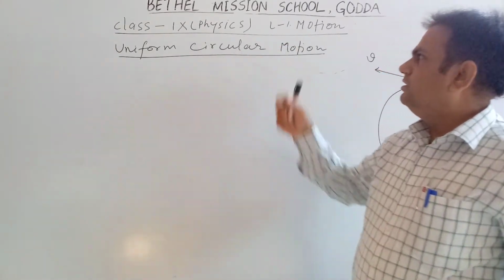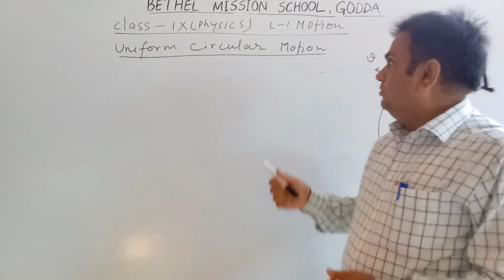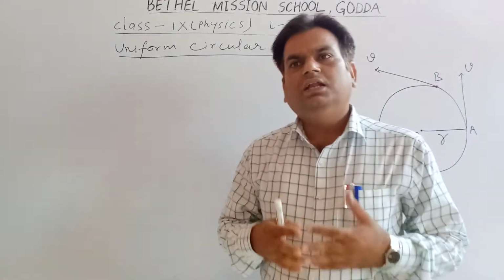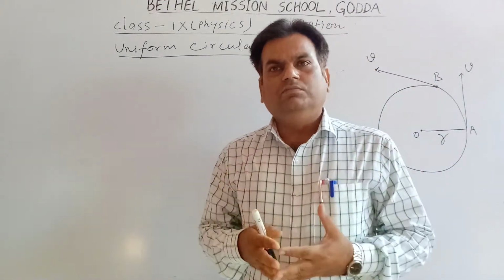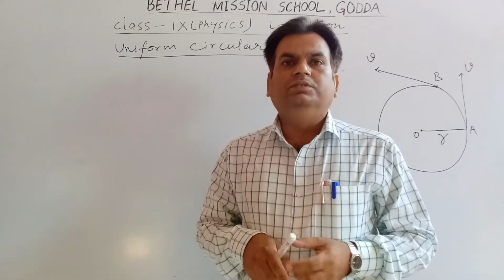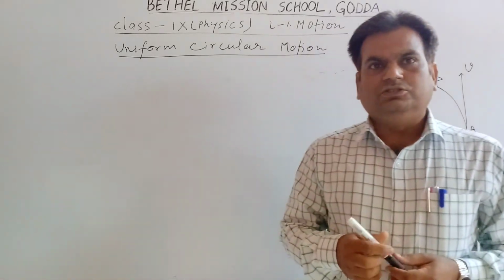Before uniform circular motion, we will know what circular motion is. Circular motion means when an object revolves around a circular path, the motion of the object is known as circular motion.